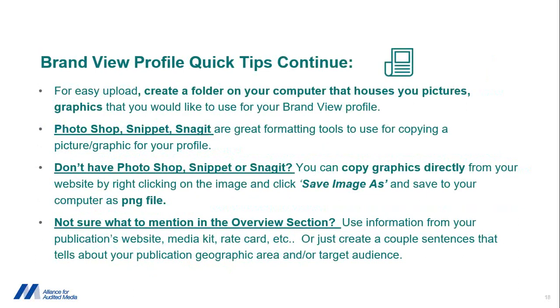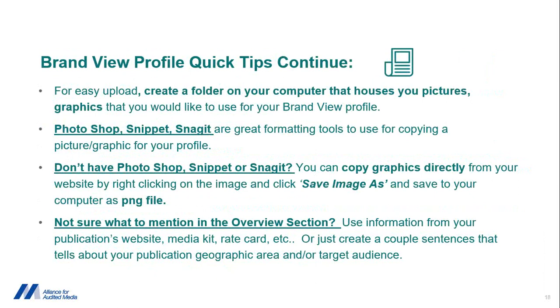Quick things that I use to help build out a client's Brand View profile. I always create a folder on my laptop with the client's name. So put your pictures, your graphics, things like that. Photoshop, Snippet, and Snagit are really helpful tools. I use Snagit all the time. Snagit is a great tool to grab a graphic.